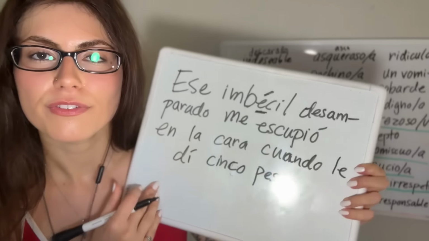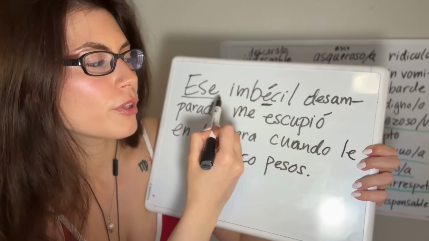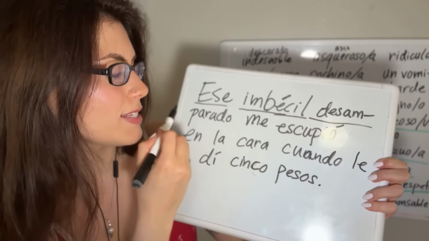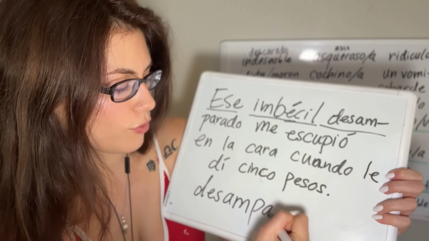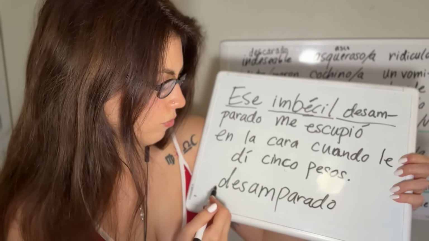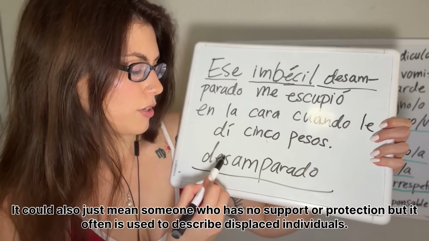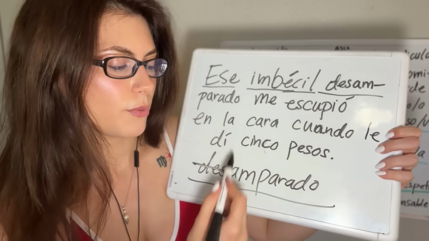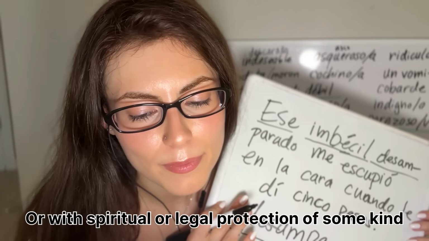So the translation of this sentence is that homeless imbecile. This word, desamparado, means homeless. If we were to take off this prefix, it would mean with a home, with somewhere to stay.